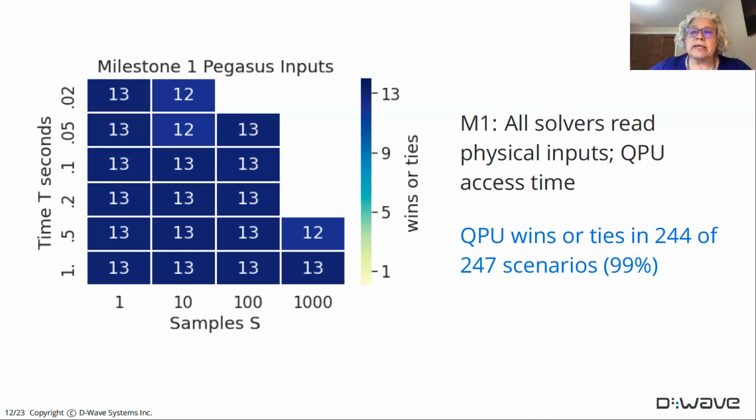We could tell from the get-go that if an input is really small, the classical solvers will just solve it. So these are all inputs where it took at least 20 milliseconds for classical solvers to find ground states. They couldn't find ground states in 20 milliseconds of computation time in the median case.